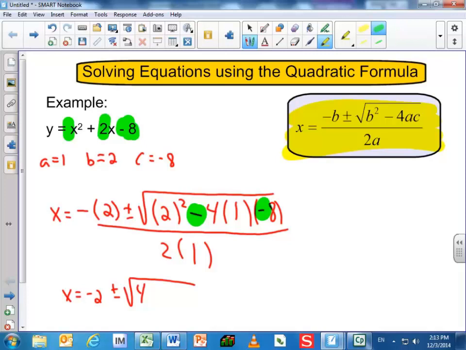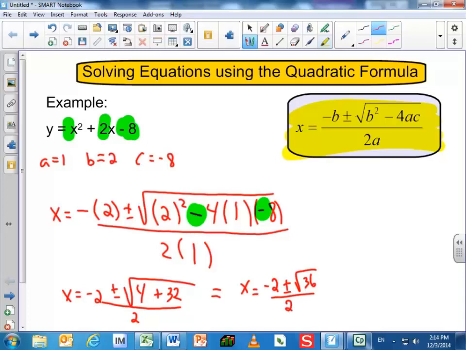So -4 times -8 would give me a positive 32. So I have plus 32 here. And this is all being divided by 2 times 1, which is 2. If I keep simplifying this, I end up with x equals -2 plus or minus the square root of 36 all over 2.